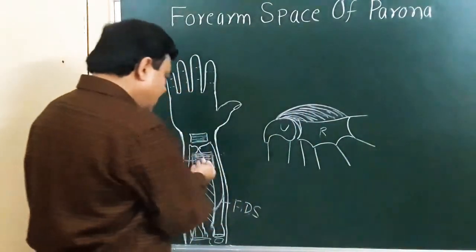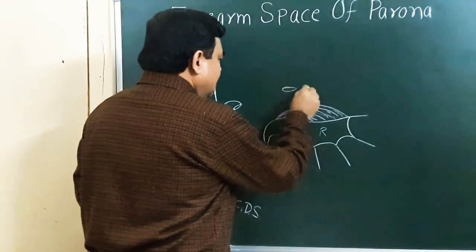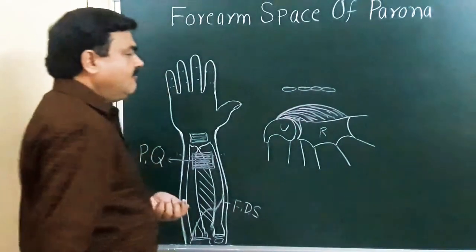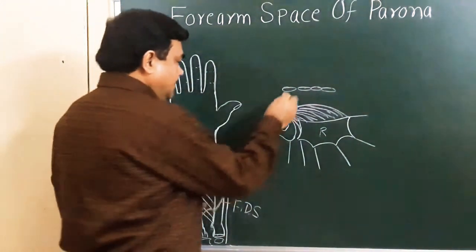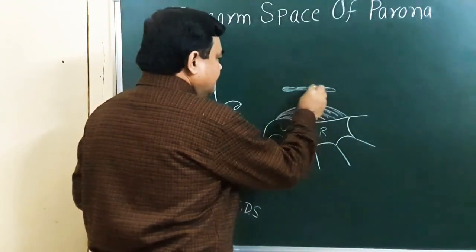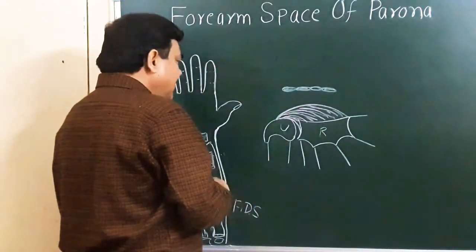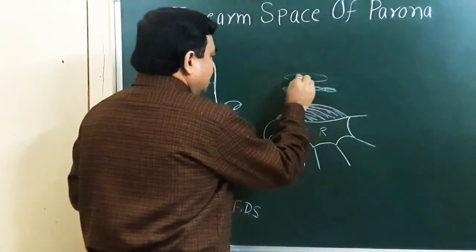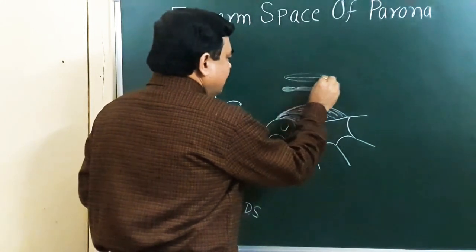Anterior to this pronator quadratus, there are long flexor tendons. These are the tendons of flexor digitorum profundus. And the tendons superficial to them are the flexor digitorum superficialis tendons.